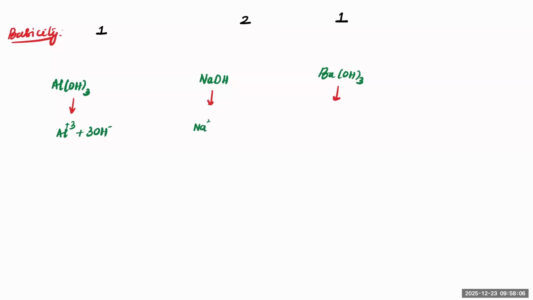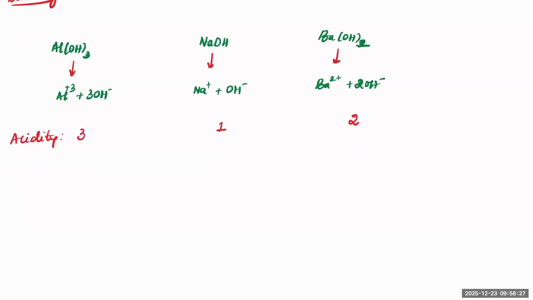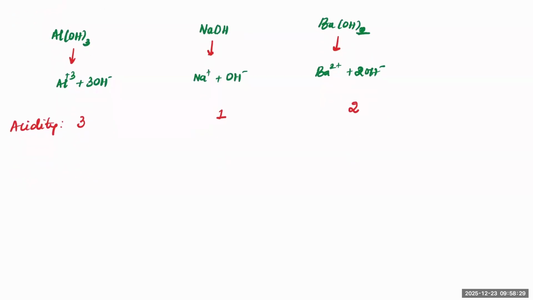It will become Na+ and OH minus. Barium 2 plus, and 2 OH minus. So this time I use the word acidity. Acidity in this case is 3, here it is 1, here it is 2. So this is the basicity or acidity, whatever we are studying.